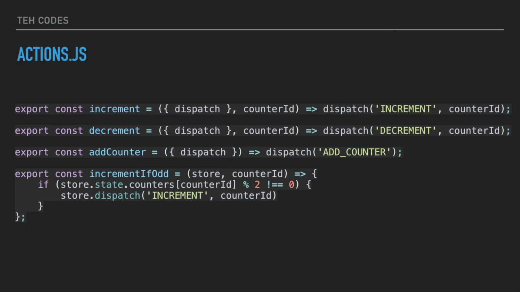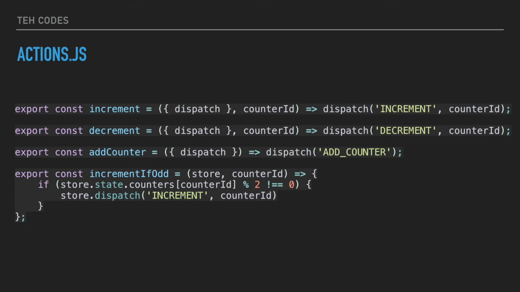It takes the entire store, which is the object that contains, amongst other things, the state and a dispatch method. It takes the store as a first argument, and of course any other payload that's required, e.g. the counter ID here, so we know which counter to increment and decrement.